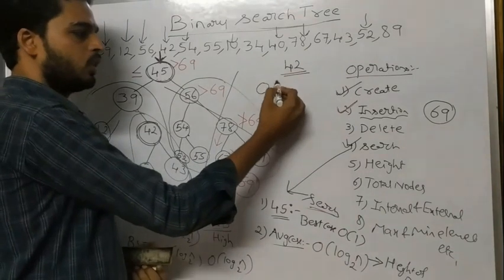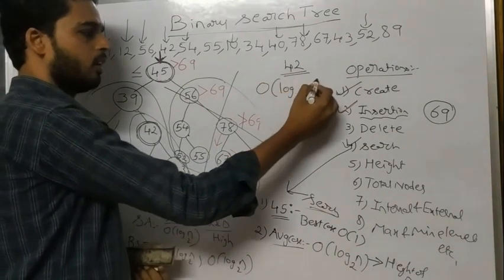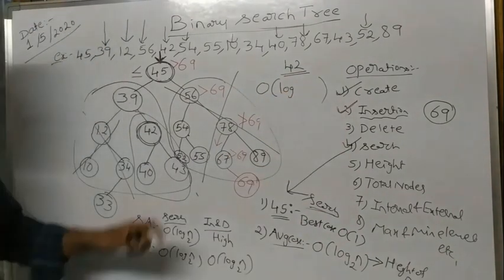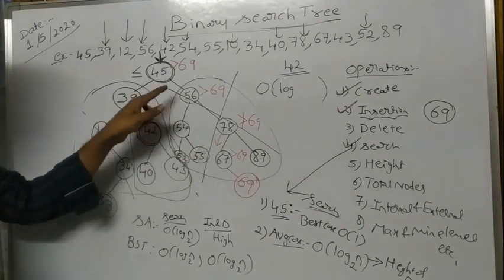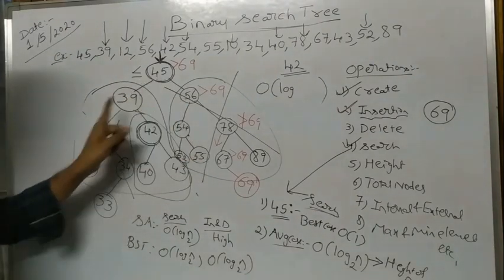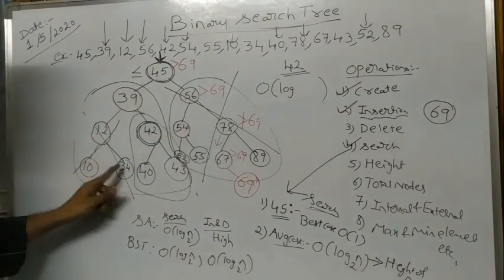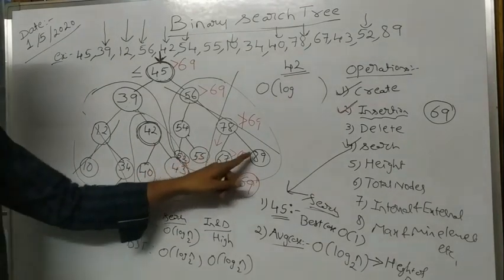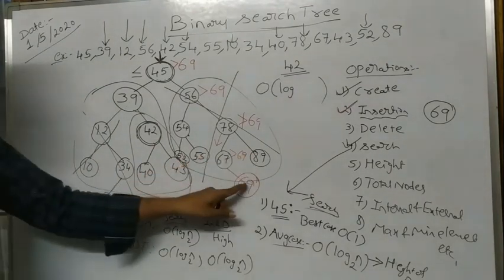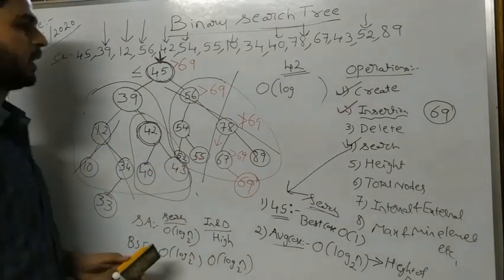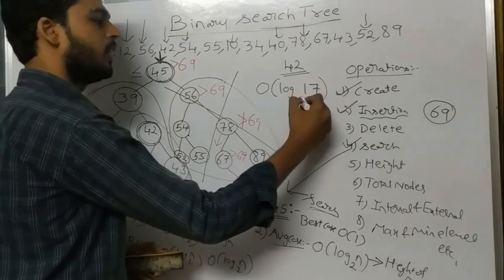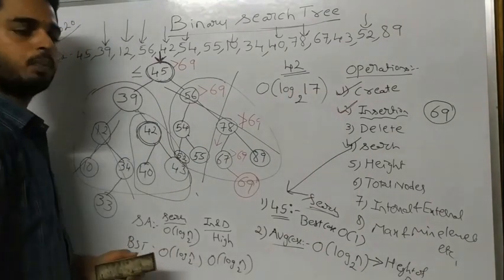So what is the time it is going to take? Big O of log n. What is the meaning of n? Total number of elements present in the binary search tree. How many elements are present in the binary search tree? 1, 2, 3, 4, 5, 6, 7, 9, 10, 11, 12, 13, 14, 15, 16, 17. Okay. Log 17 base 2.